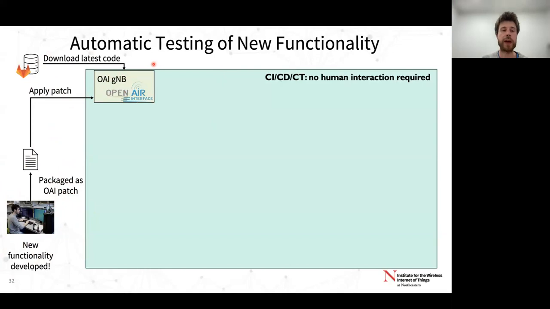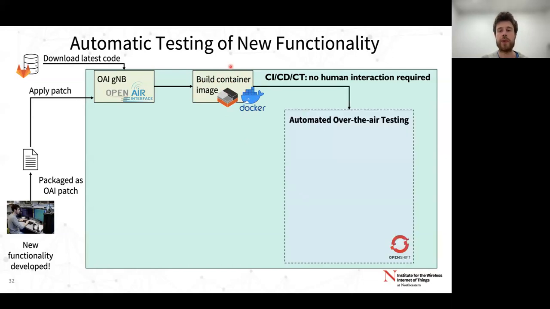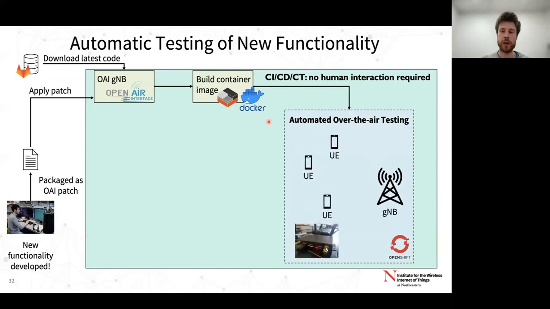Then this automatic pipeline builds the container, which can be a Docker container or an LXC container, and performs some form of automatic over-the-air testing on the Arena testbed that I talked about in the previous slide. Pieces of this test can be deploying the base station automatically, as I was showing you in the previous slides, and then interfacing this base station with some UEs that we have deployed in the lab.